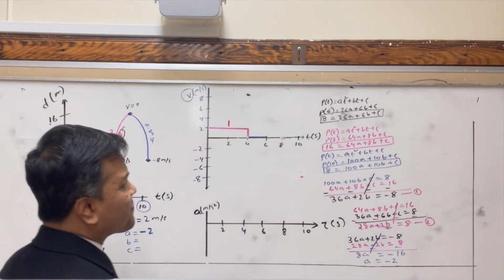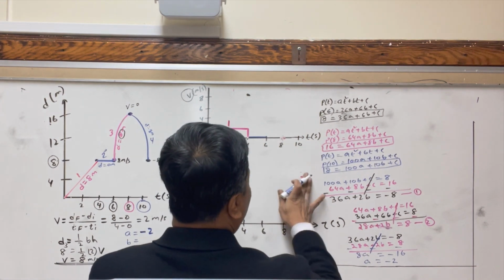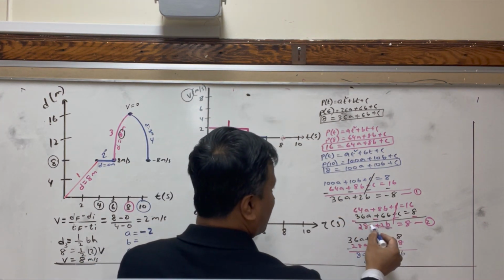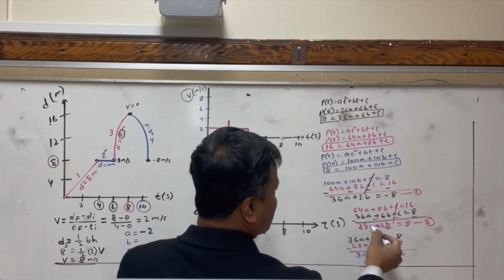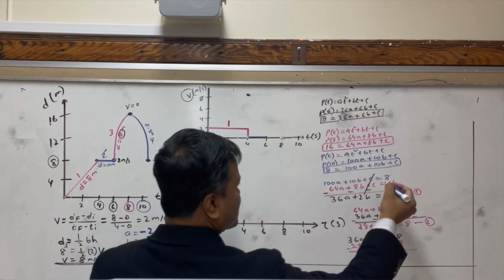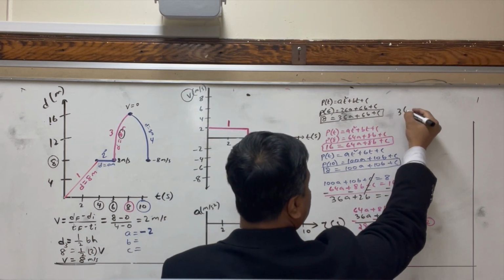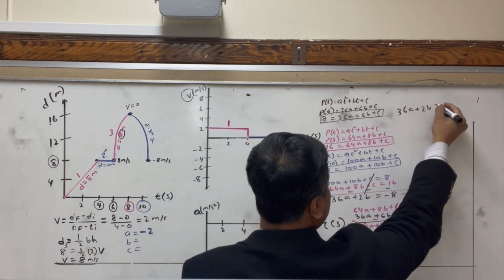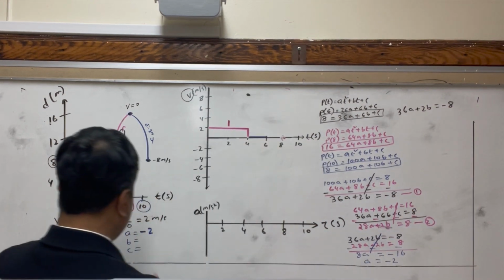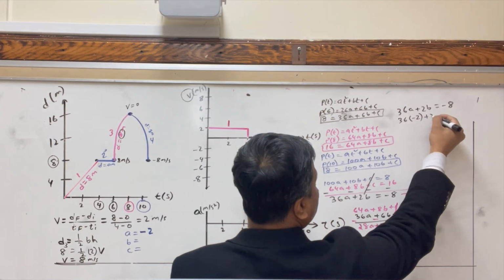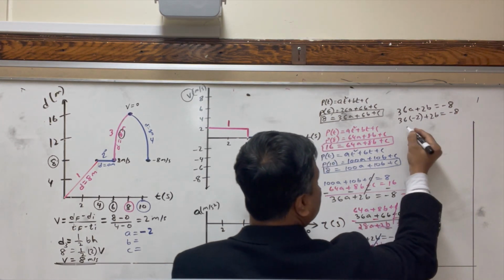Now let's find the b. How can we find the value of b? It's easy. All right, so let's plug into equation 1. So equation 1 is 36a plus 2b is equal to negative 8. A is negative 2. So 36 times negative 2 plus 2b is equal to negative 8.